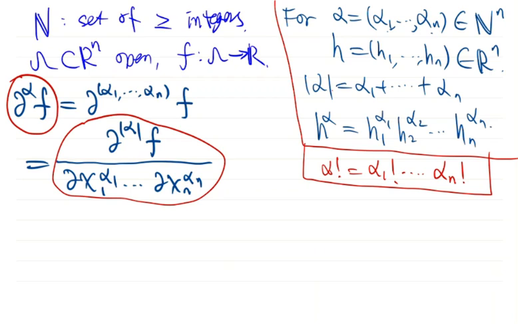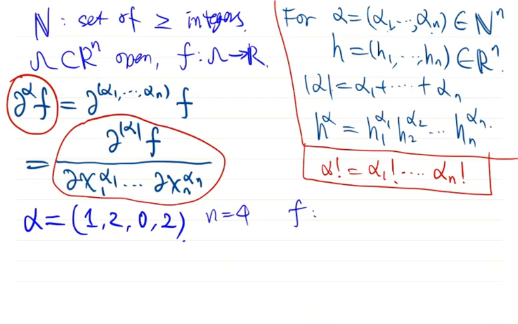Okay, so this complicated higher order derivative simply could be denoted by d alpha f. Very elegant notation. So for example, alpha is 1, 2, 0, 2. So alpha has 4 components. This means the small n is 4. Therefore, we are considering 4 variable function.